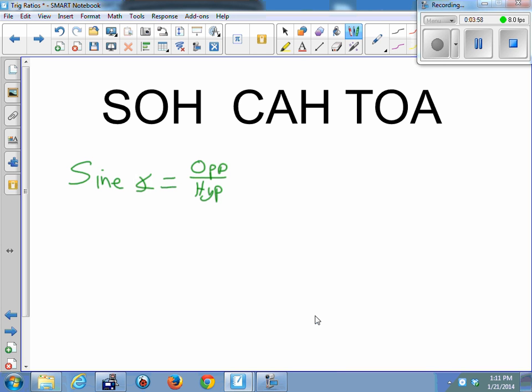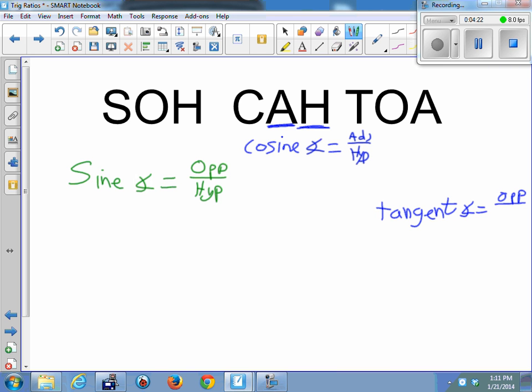The cosine of an angle is equal to adjacent over hypotenuse. Same thing, the next one is tangent. Tangent of whatever angle we're talking about is opposite over adjacent. Okay, so that's SOHCAHTOA. You guys need to remember that. That's what's going to help us determine if we're using sine, cosine, or tangent, and we'll get more in depth in class.